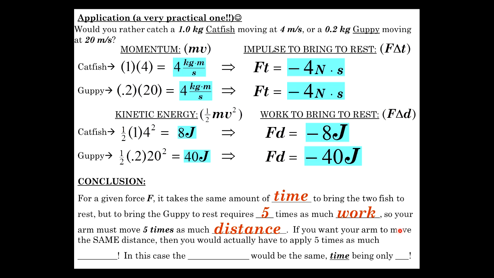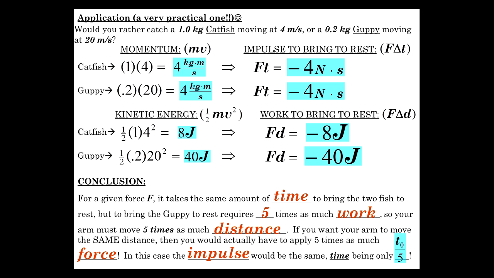If you wanted your arm to move the same distance as the catfish, you would have to apply 5 times as much force. So from the time the guppy hits your hand, you have to put a huge force on it, but it's moving so fast, it means you're stopping it real fast. Now the impulse would still be the same, as we've already seen. But in that case, the time would only be a fifth of the original time. It'd just be a boom, and it'd be over with.